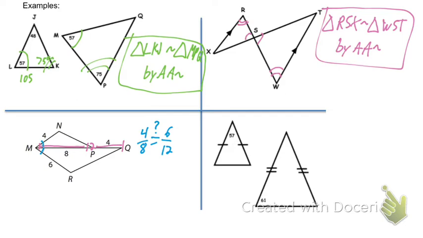Let's try them. 4 over 8, what do those both simplify to? 1/2. If you cross multiply, 4 times 12 is 48, and 6 times 8 is 48. And in a calculator, 4 divided by 8 is 0.5, and 6 divided by 12 is 0.5. So no matter what, you can see these ratios are equal.